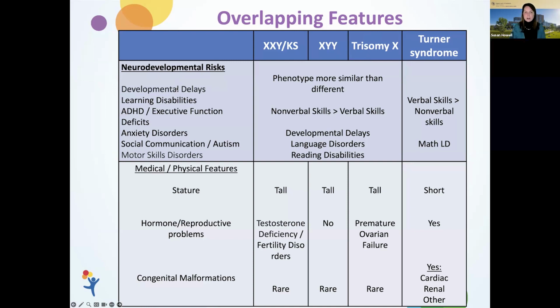We don't have a very concrete understanding, but we know that girls with trisomy X have an increased risk of early menopause, and we want to monitor their menstrual cycles beginning in adolescence so that we're aware if this is occurring and we can offer interventions if they're indicated. And congenital malformations or birth defects are very rare, and they don't occur more commonly in this patient population compared to the general population.